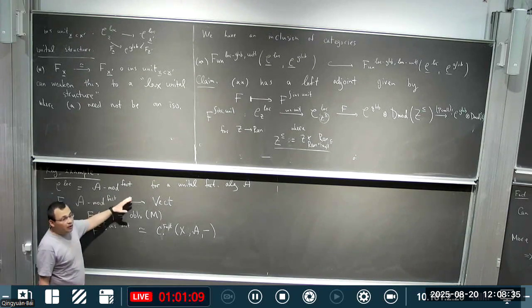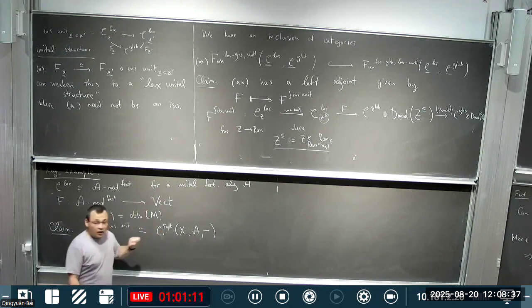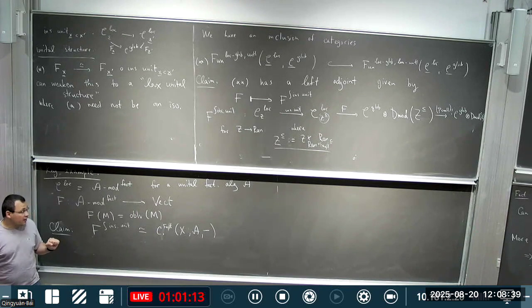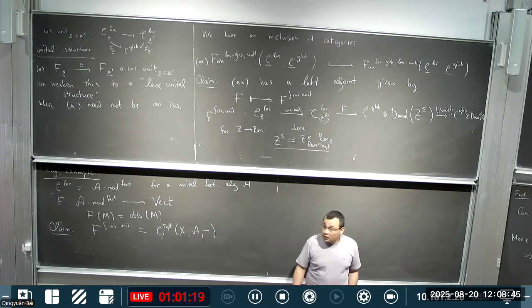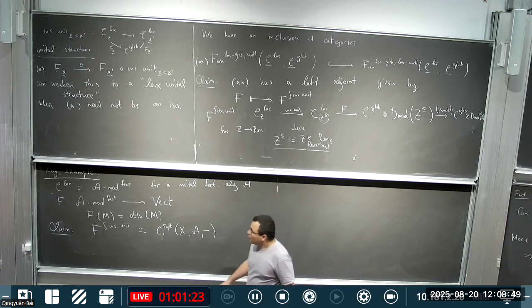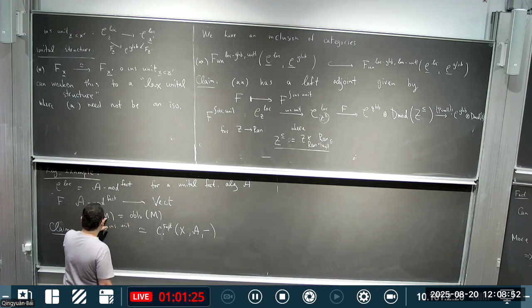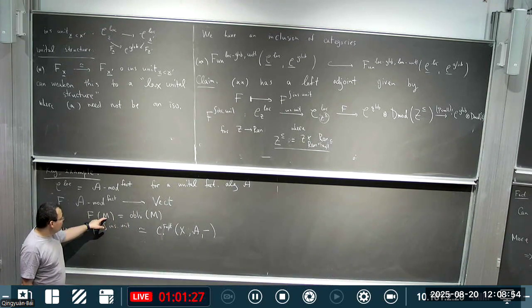So you can just forget about all other structure and take homology. It's left adjoint homology with compact support.